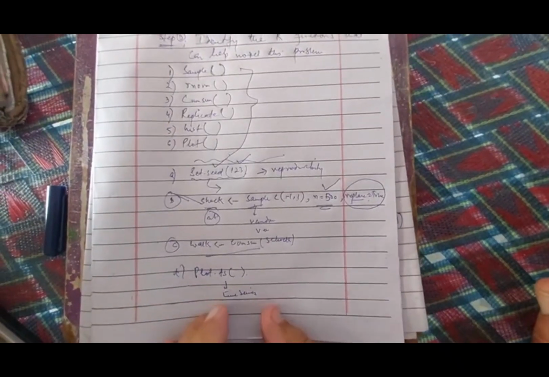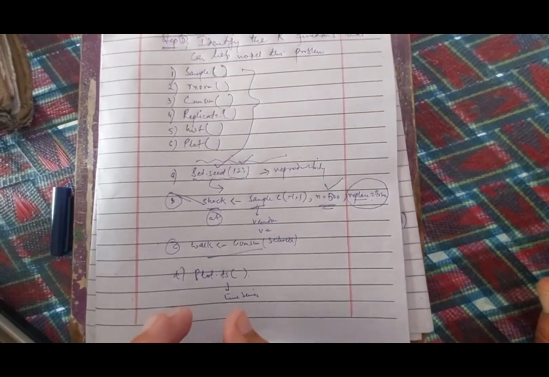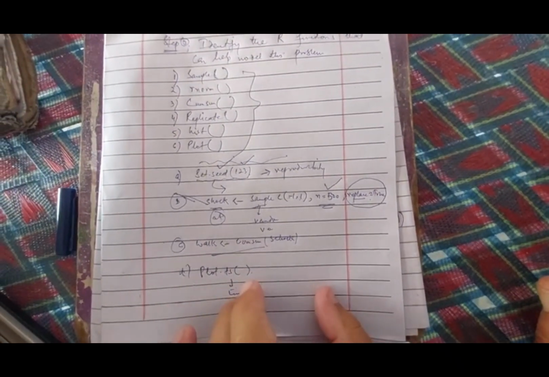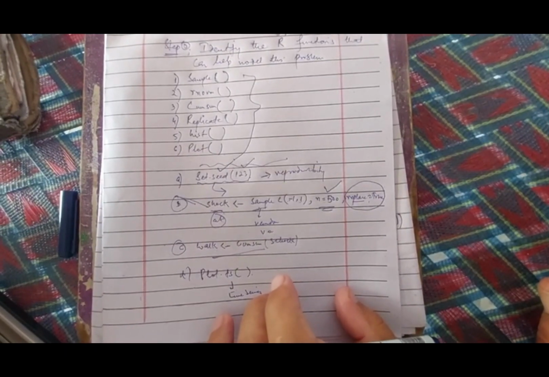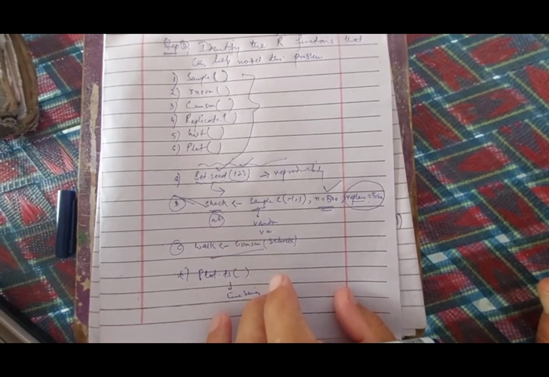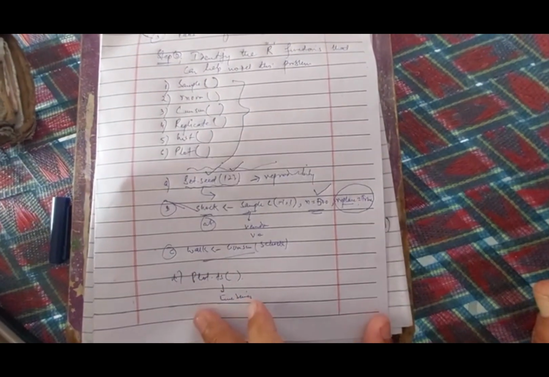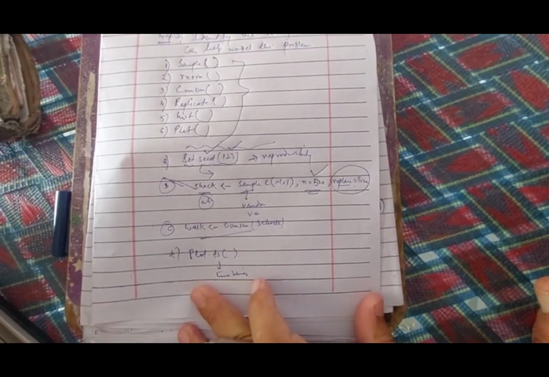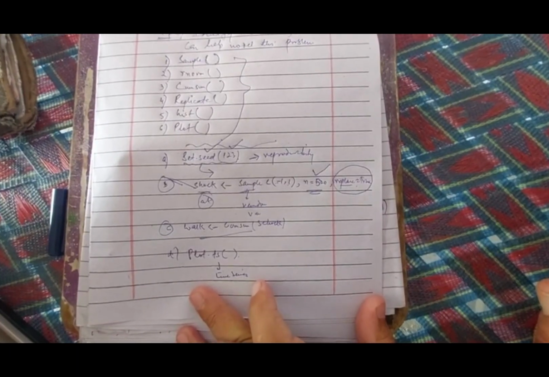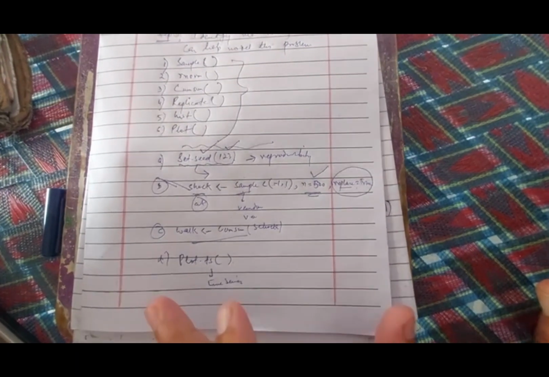So it will plot the time series of this walk from 1 to 500 steps. So we can use plot.ts to plot this time series.